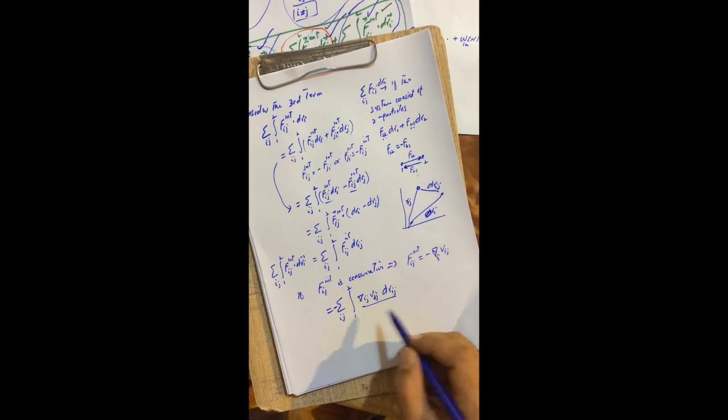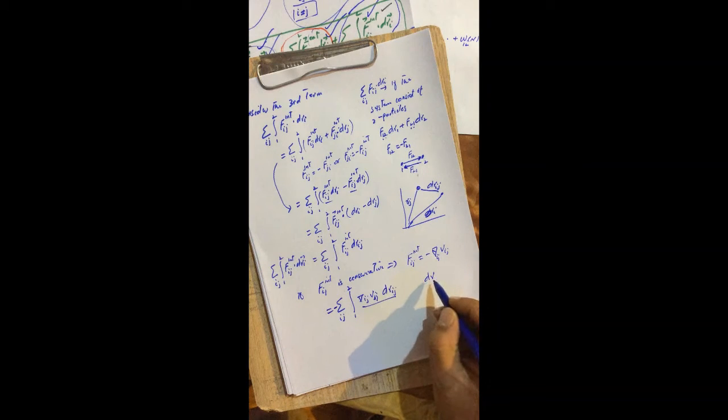Now this term is basically del V into dr, and this can be written as dV.